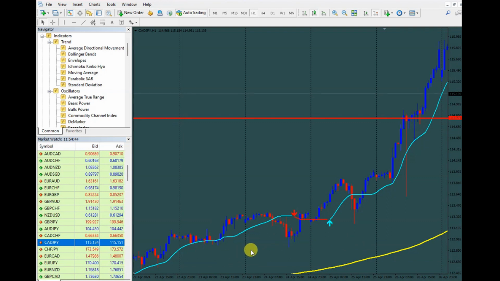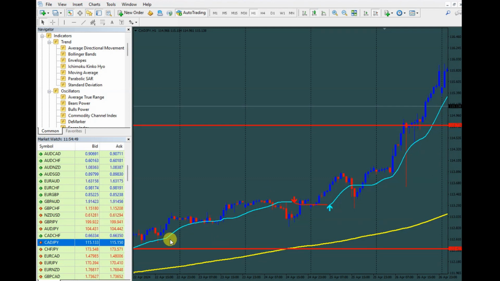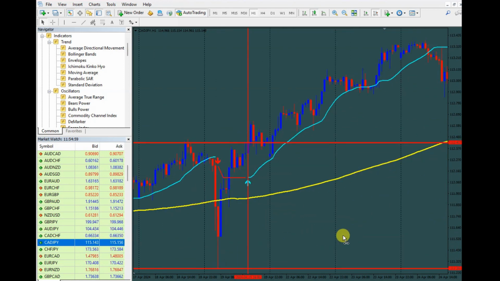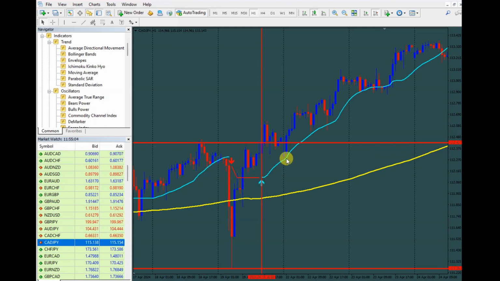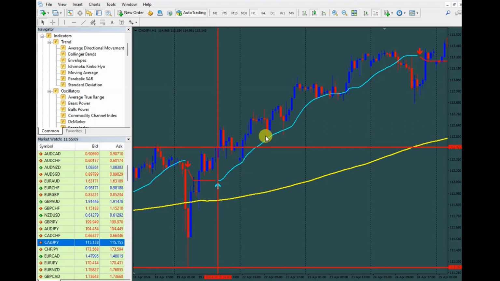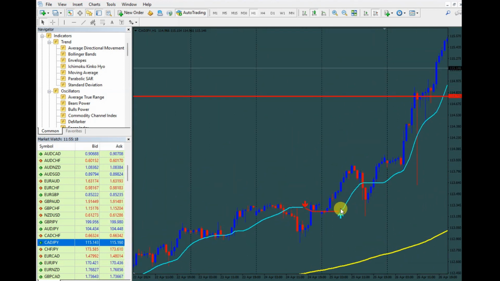As the trade is moving in our direction, we will be trailing our stop. At every point where we have a swing low, we move our stop to the swing low, trailing and moving with the trend as the price is playing out.